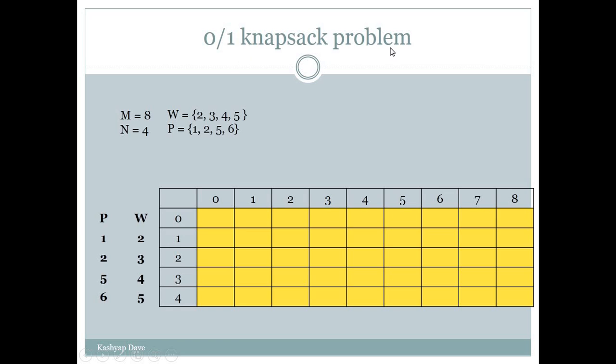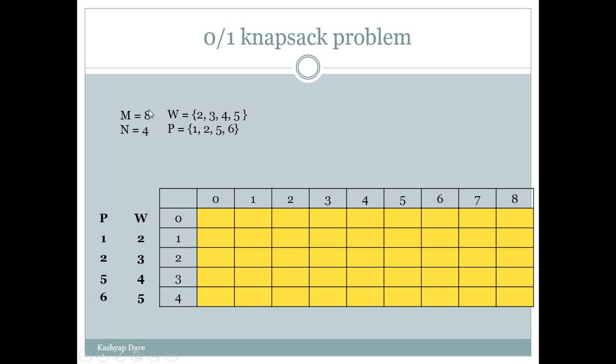Now let's solve this example. In this example we have to create a table, which will be known as V. In it, the columns will be as per the given weight.